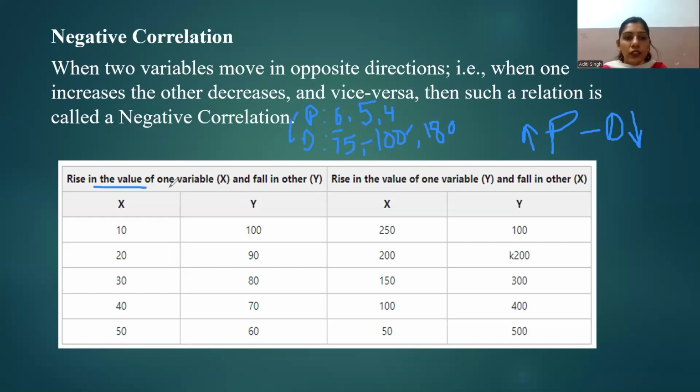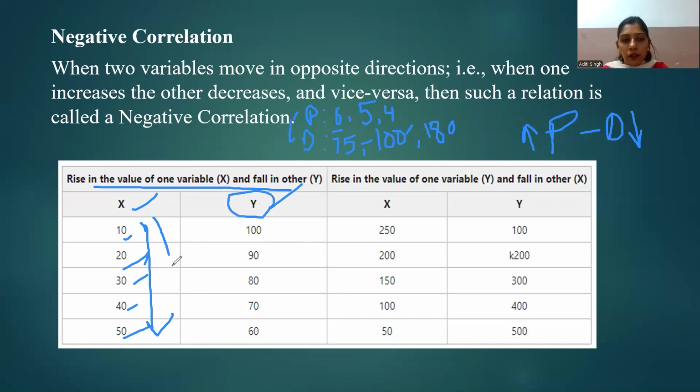We can also see in this example a rise in the value of one variable and a fall in the other variable. So there are two variables x and y. If there is a rise in the variable x, as you can see in this example, 10, 20, 30, 40 and 50, the variable y will start falling.